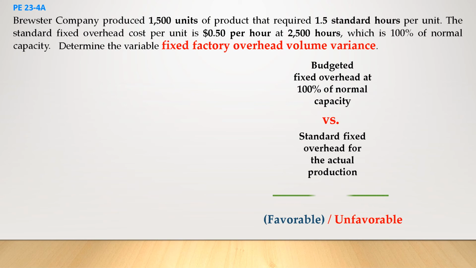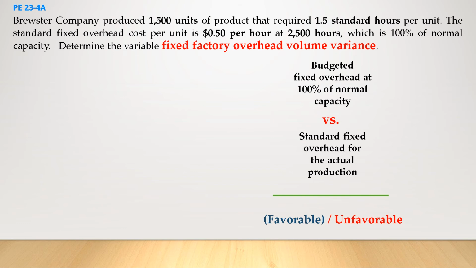So, the result will be either favorable or unfavorable. If the standard fixed overhead exceeds the budgeted overhead at 100% of normal capacity, the variance is favorable. If the standard fixed overhead is less than the budgeted overhead at 100% of normal capacity, the variance is unfavorable.